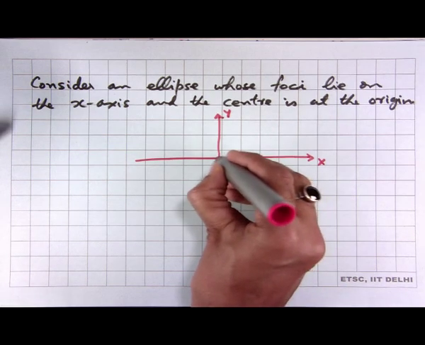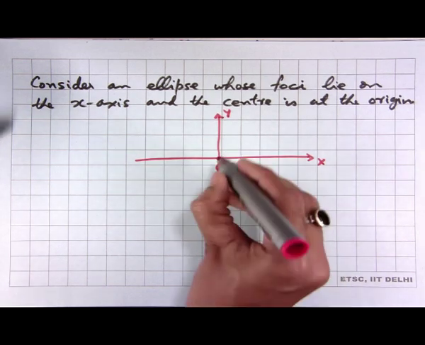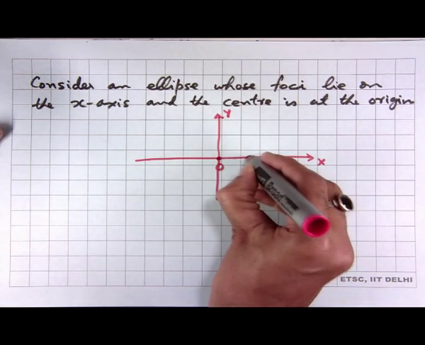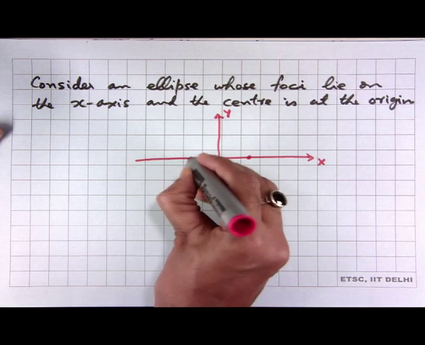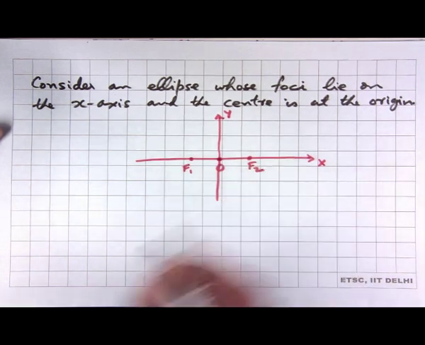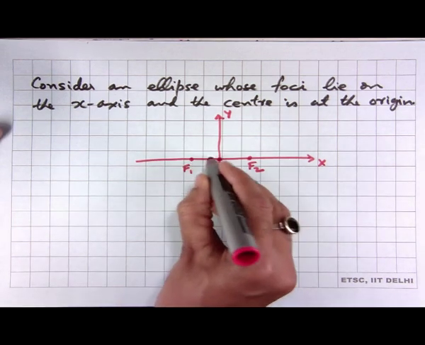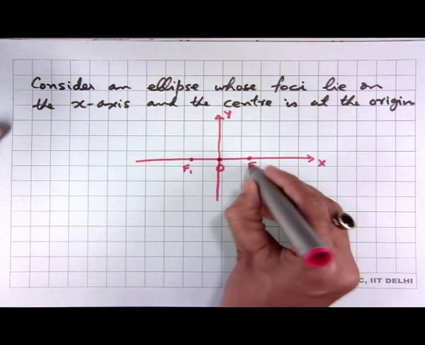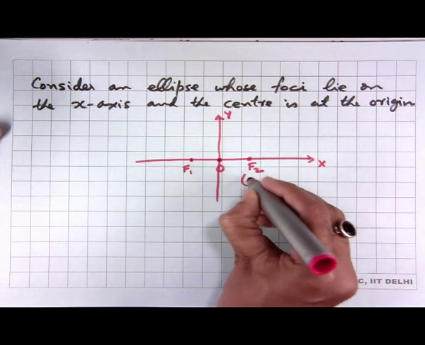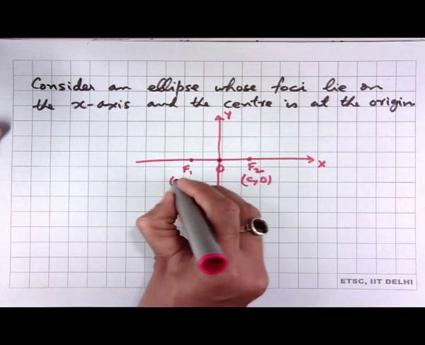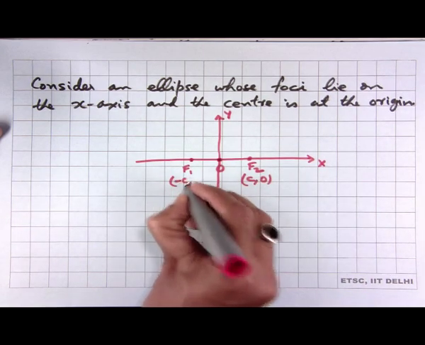Because the center is the midpoint of the foci and the foci lie on the x axis, if we write this F1 and F2, the distance of each to the center O is the same. So, if the coordinate of F2 is (c, 0), then F1 will be (−c, 0).